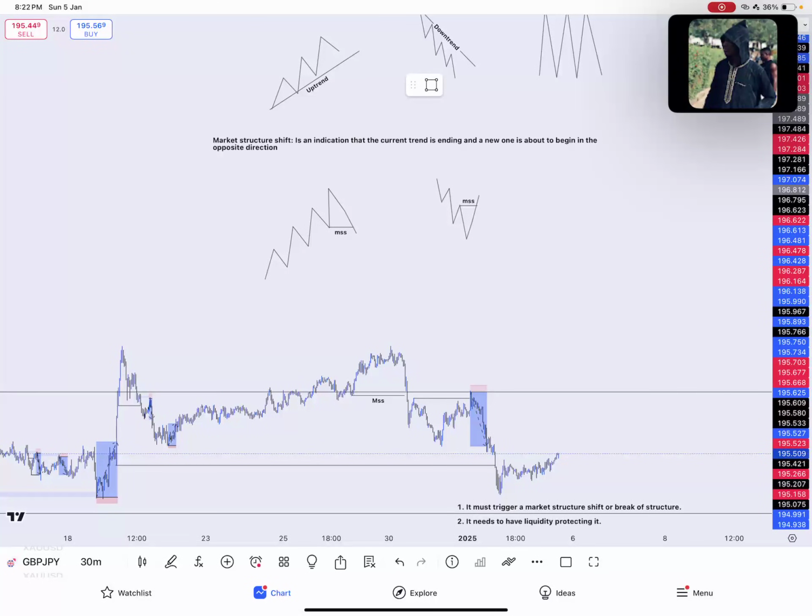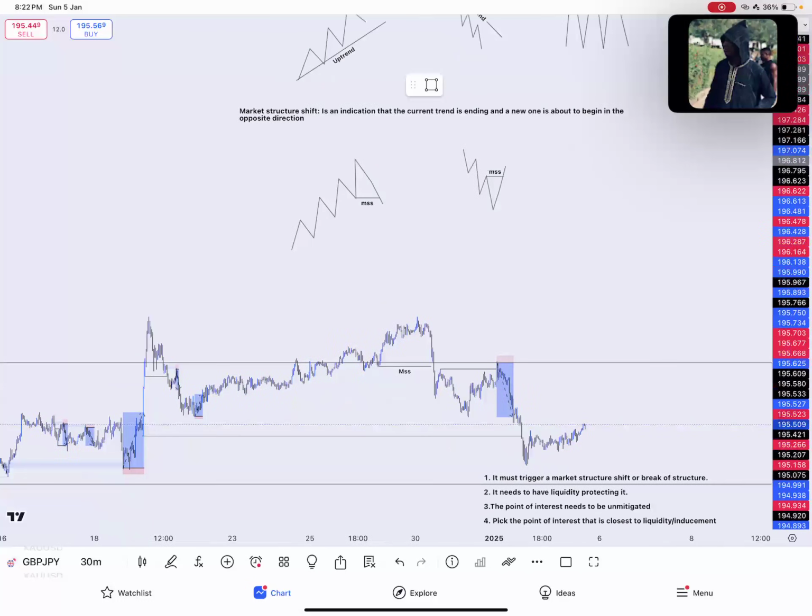But break of structure is what? When market breaks a particular key level, be it a support zone or resistance zone, while still maintaining its current trend. Let me write down the definition.